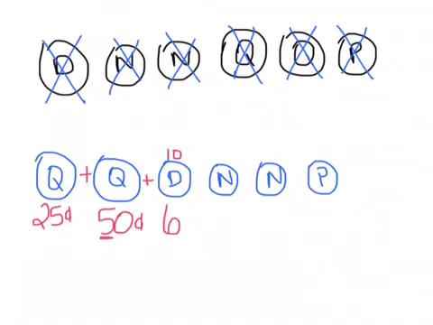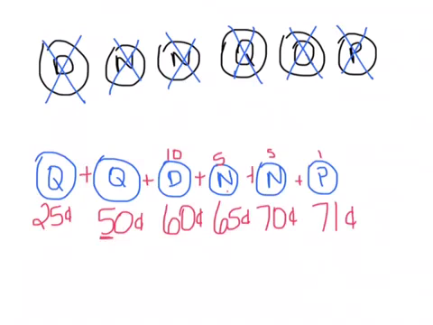It's going to be a 60 plus 5, because a nickel is worth 5. So 60 plus 5 is 65 cents, plus 5 more is 70 cents, plus my one little penny is 71 cents. So this all equals 71 cents.